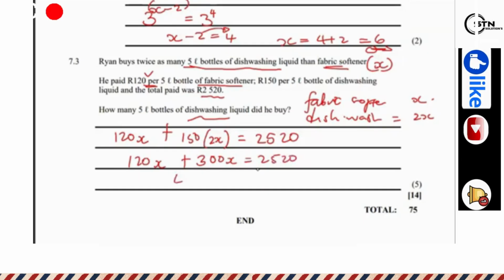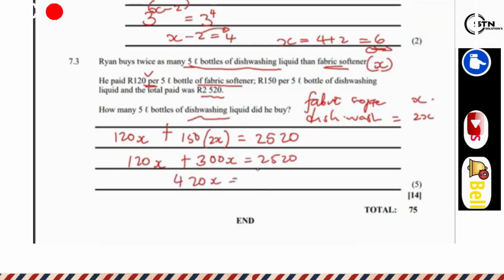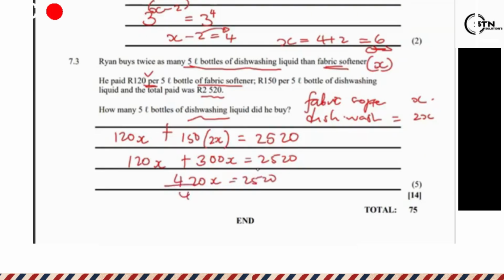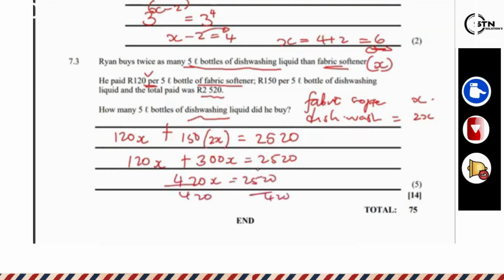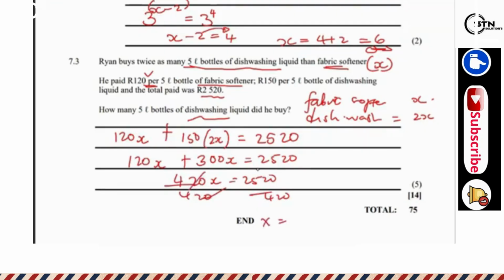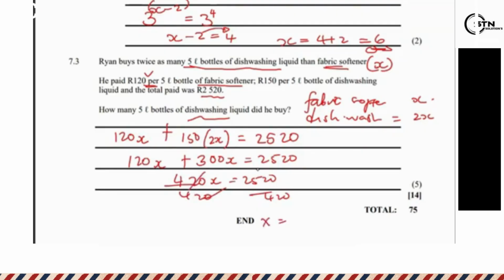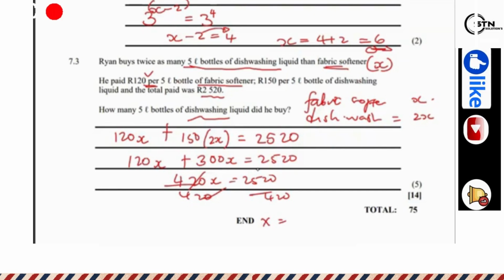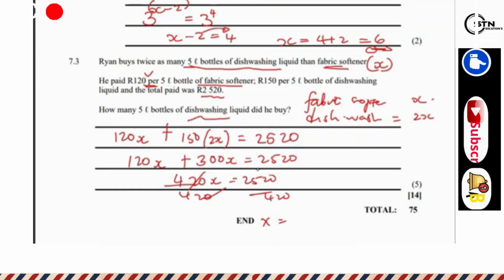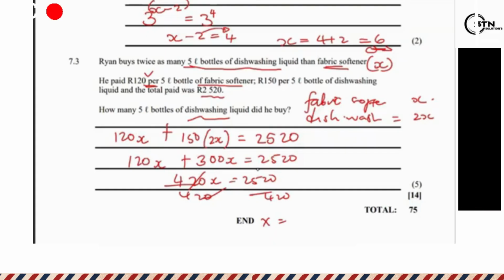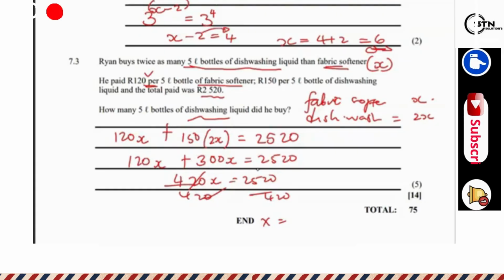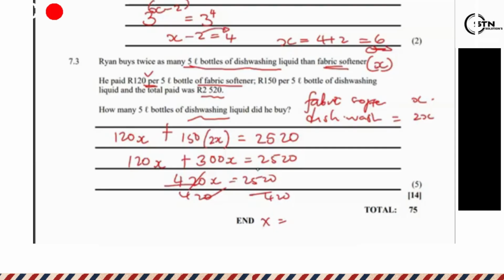This gives us 420x is 2,520. Divide both sides by 420. And then our x becomes, let's hope it's not a decimal, and it shouldn't be a decimal, because that would be outrageous. Okay, so we have 2520, I'm dividing it by 420.